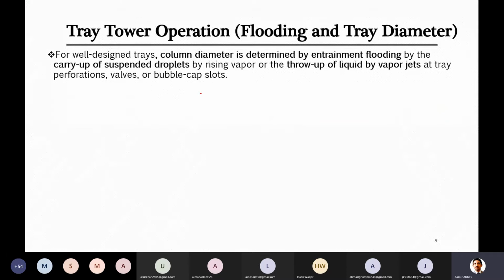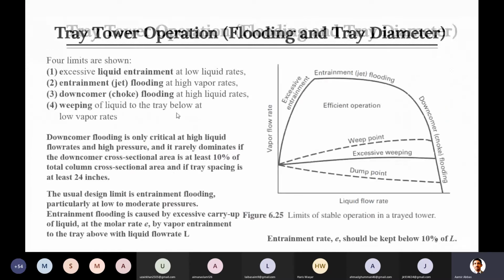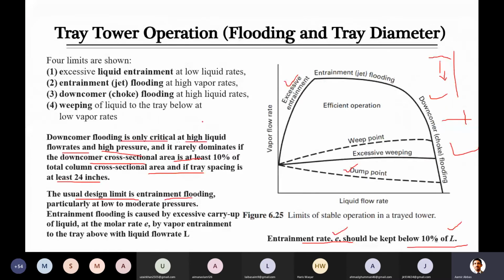These are just a few basics, to look at something we are going to discuss further. Out of this diagram, as we discussed, there are 4 restrictions around the operation of the column: entrainment flooding, downcomer choking, and weeping.